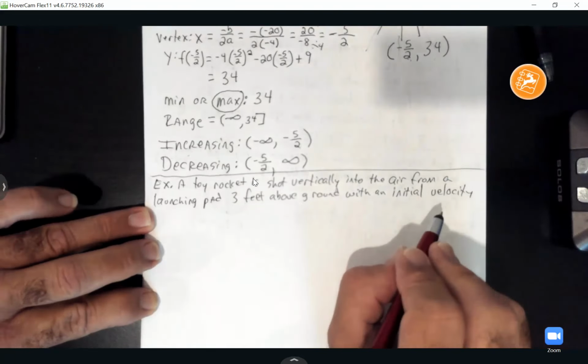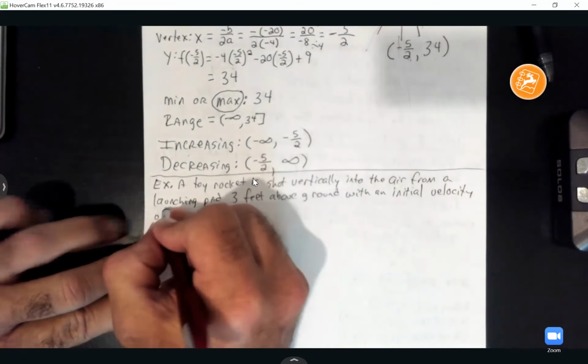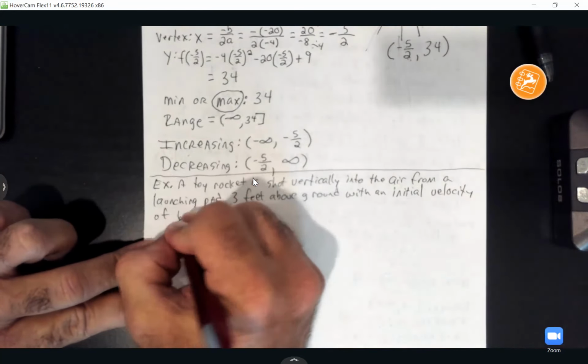Velocity is sort of like speed, okay? So it's got an initial velocity of 64 feet per second.